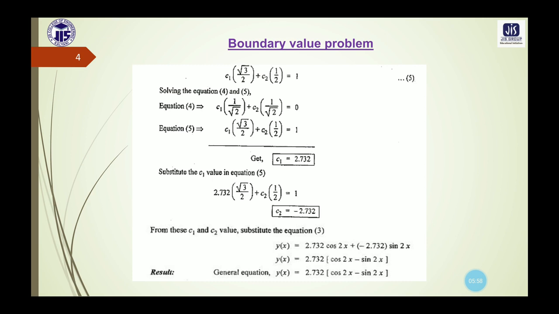Now if we put this value of c1 in either equation 4 or 5, we can easily calculate c2, and we get c2 as minus 2.732. Now if we put the values of c1 and c2 in equation number 3, we get the final result: y(x) equals 2.732 cos 2x minus sin 2x.